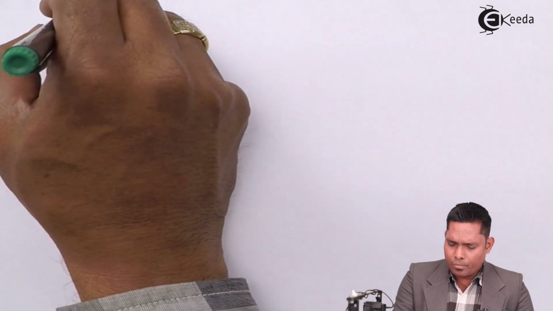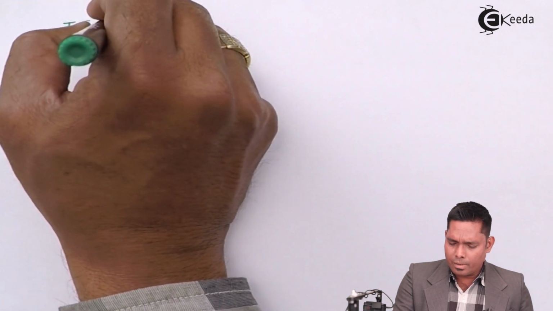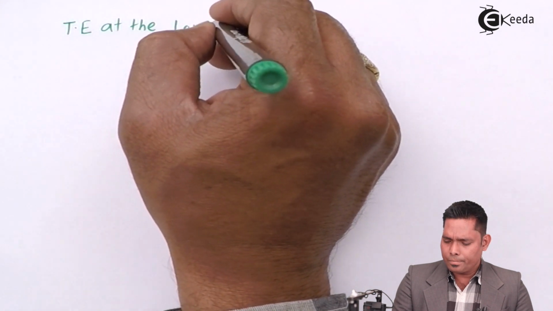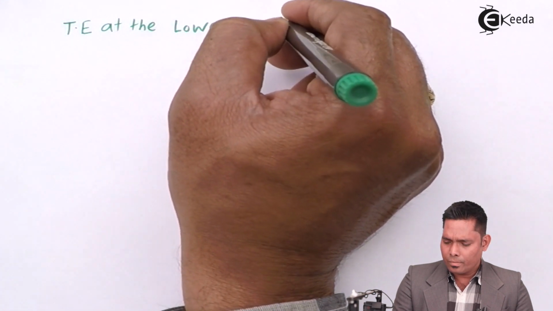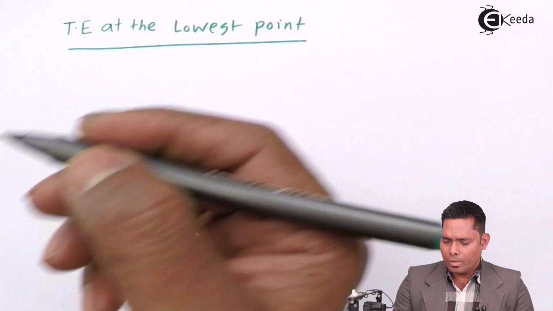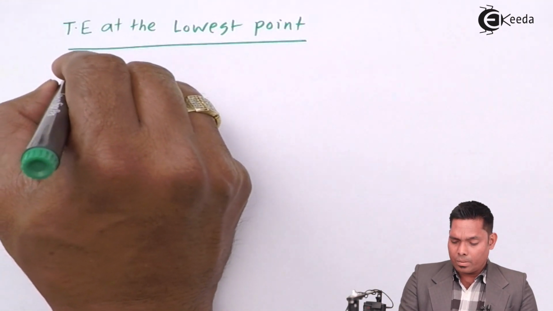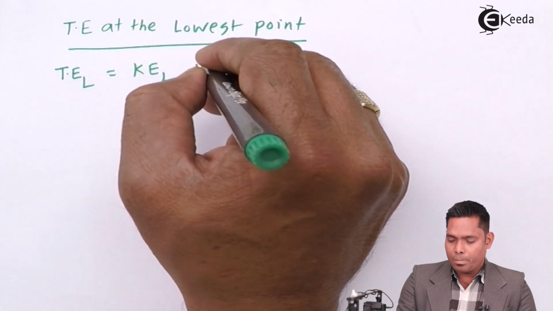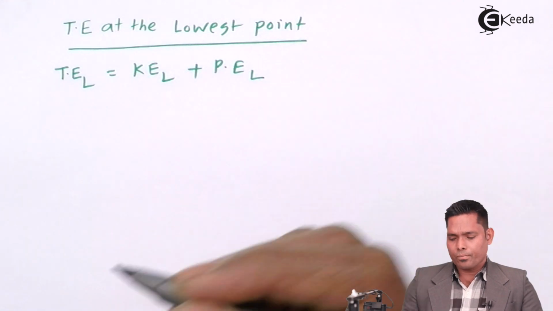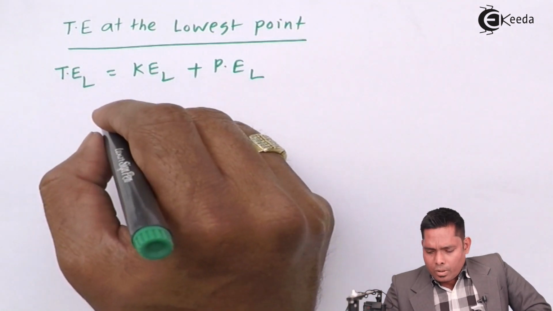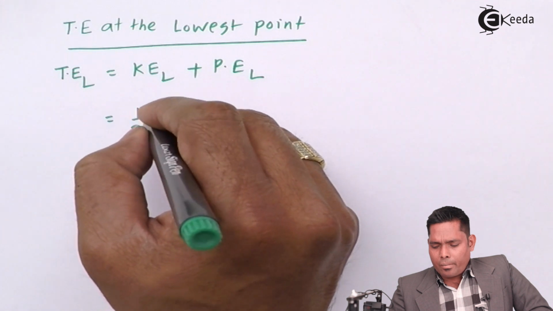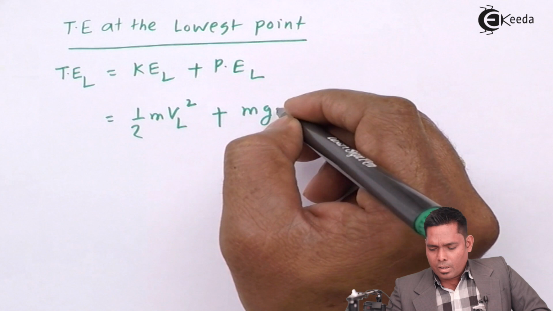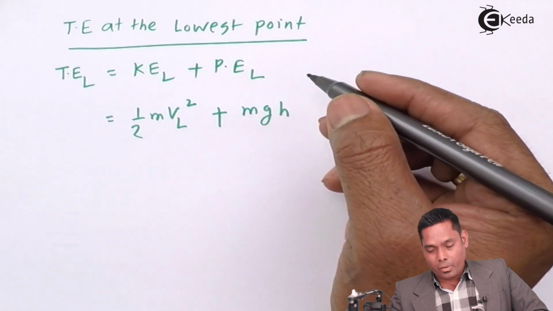Let us find the total energy at the lowest point. It is the sum of the kinetic energy at the lowest point plus the potential energy at the lowest point. The kinetic energy is half m VL squared plus potential energy mg times the height of that point.